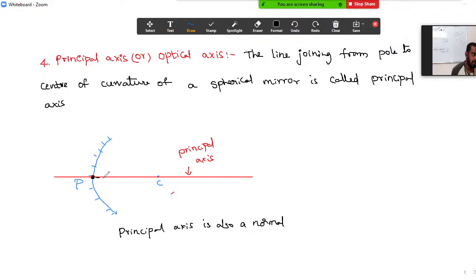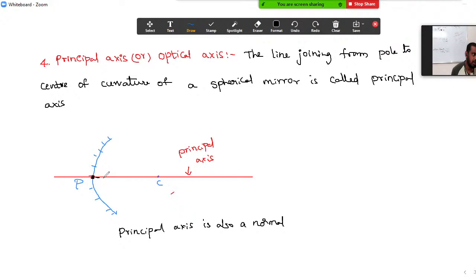And also I try to draw it for the convex surface. For the convex surface, look at the pole and center of curvature. Now try to draw the principal axis. You just need to connect the pole and center of curvature. Then you will get the principal axis. The principal axis is nothing but the line from pole to center of curvature.